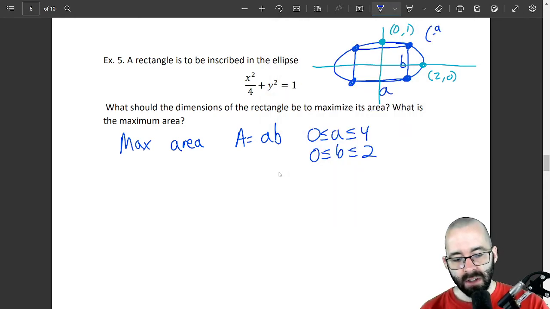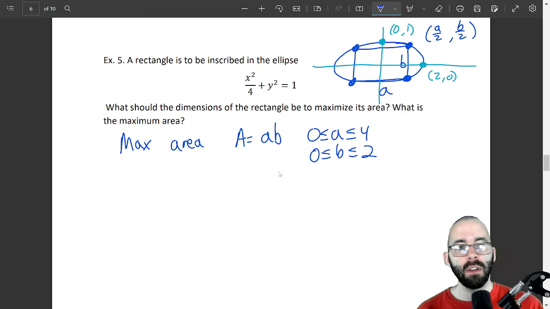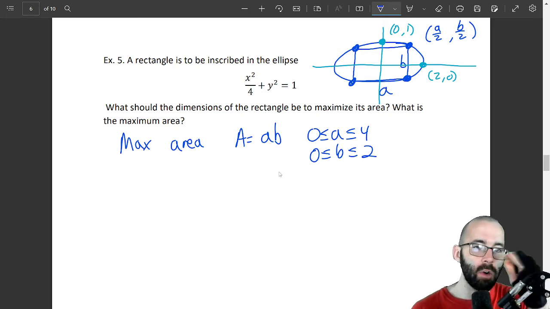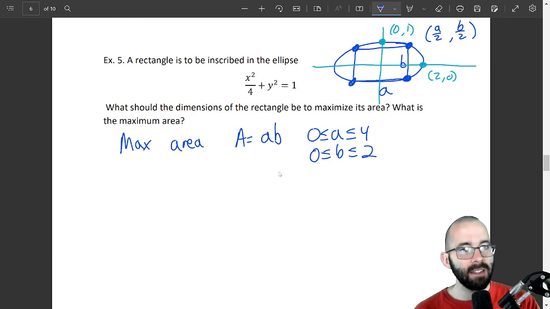That's the ordered pair A over 2, comma B over 2. Right? If A is the whole length of the rectangle, then half of that is the X coordinate, because it is symmetric here.